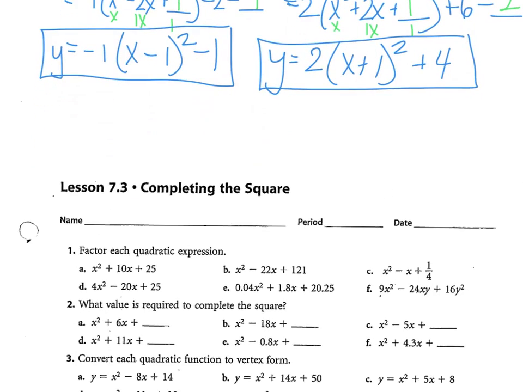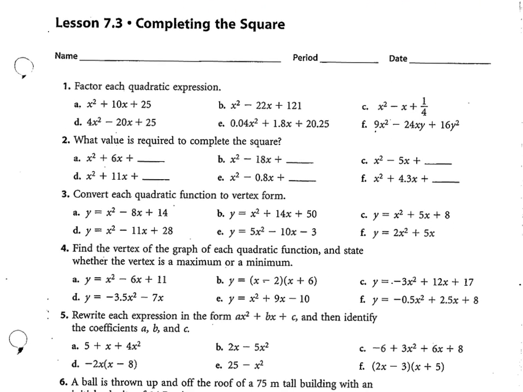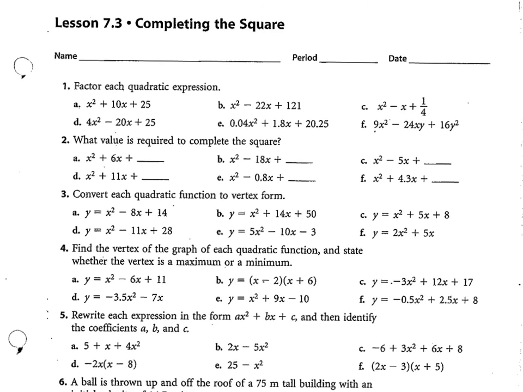Okay, so that's your notes. You're going to work on completing the square. I want you to do number 1, factor these. Number 2, figure these numbers out. Number 3, convert to vertex form. Number 4, convert to vertex form, just like you're doing these problems.